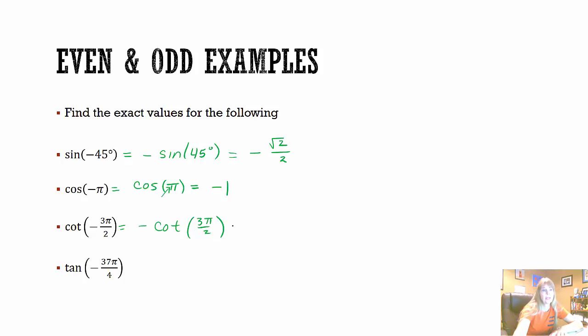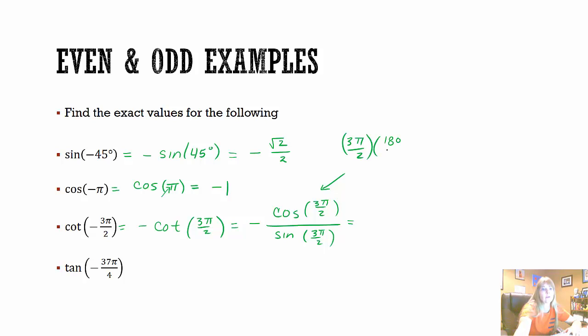And so notice what I do here, because I don't know what the cotangent of 3 pi over 2 is. Keep my negative out front, but cotangent is the same as cosine of 3 pi over 2 divided by the sine. So see how nice those identities work? And so if I look up the cosine of 3 pi over 2, what am I looking for? 3 pi over 2. Remember I said a lot of students just seem to prefer thinking in degrees.